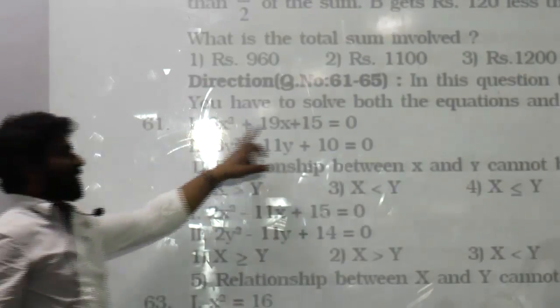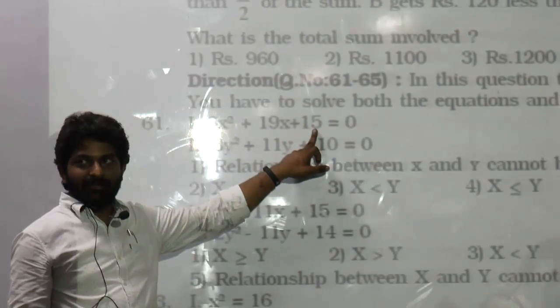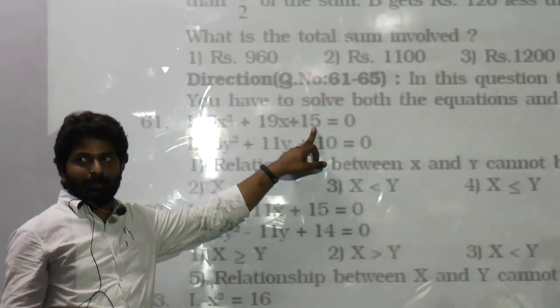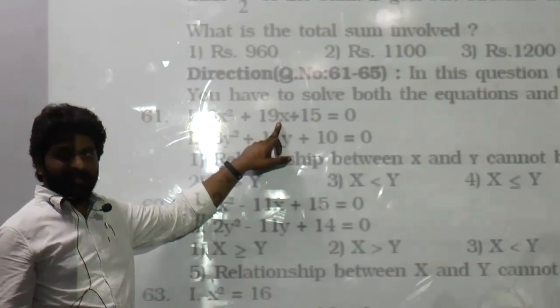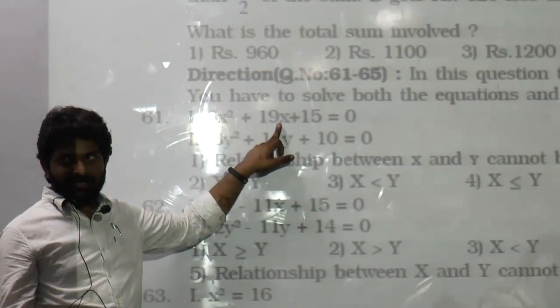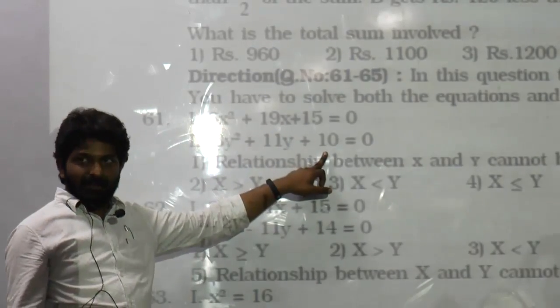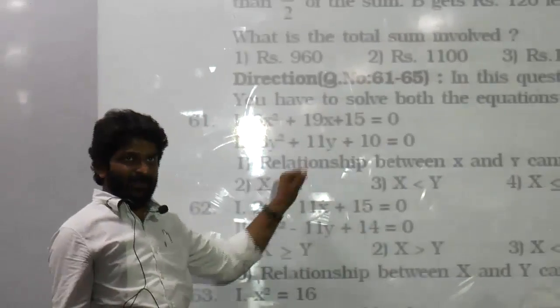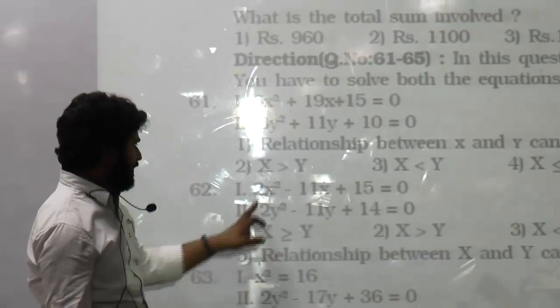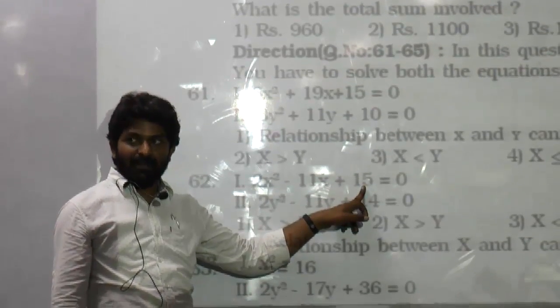61. I'll just give you the combination. Then you have to solve. 6 into 15, 90. 90 is the product of two numbers and the sum should be equal to 9. 9 and 10, 9 tens 90, 9 plus 10 is 19. 3 tens 30, 6 into 5 is 30, 6 plus 5 is 11. 2 into 15, 30.